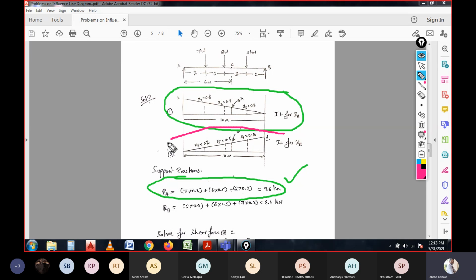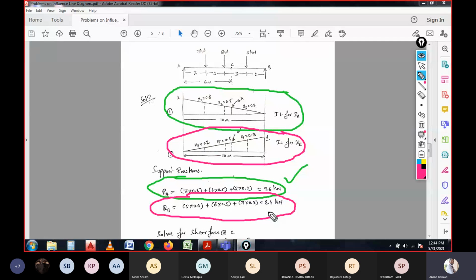Again, if you consider the second diagram, which is shown in the color code over here, right? If you observe the pink color code, here we need to calculate the support reaction at B. So for the support reaction at B, that is 5 kilonewton having the coefficient value of 0.8, written 5 into 0.8 plus 6 into 0.5, and again 7 into 0.2, where the coefficient value is multiplied, then it is the total value of force as the reaction support B, right?